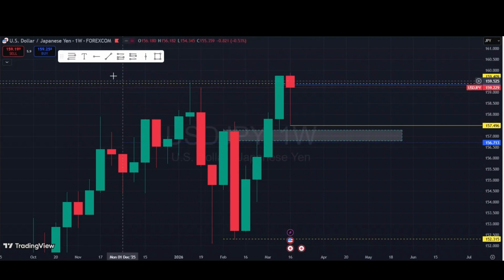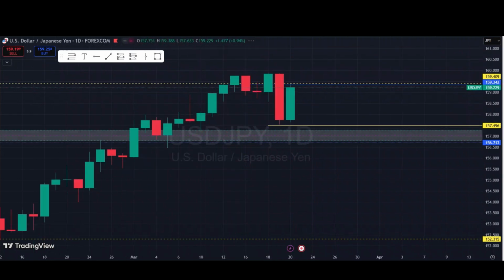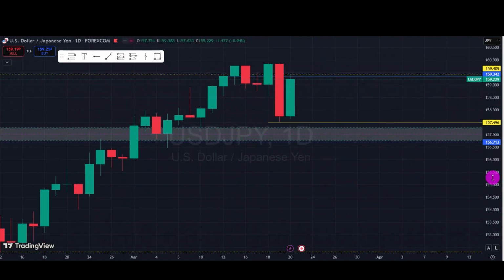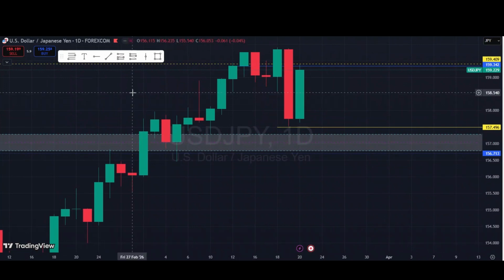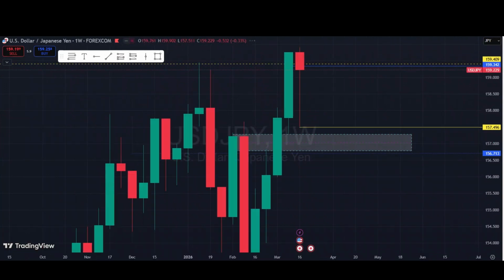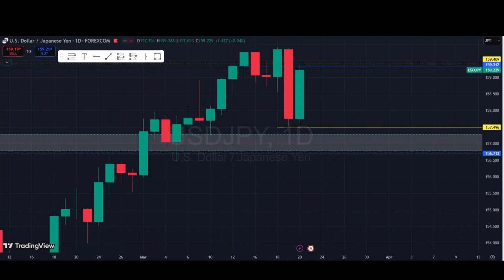What will be next for the price? If we drop to the daily time frame, I was expecting price last week to at least drop into this fair value gap, which is a fair value gap on the weekly time frame, but price was unable to at the moment last week. So what are we looking at for our draw on liquidity? For the USDJPY, our draw on liquidity will be a bit lower.